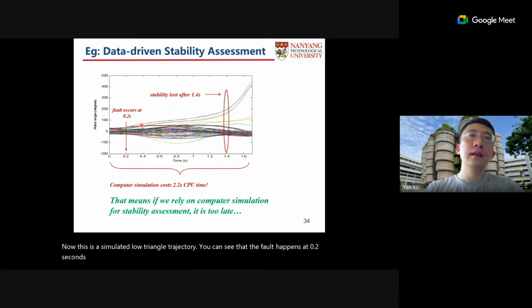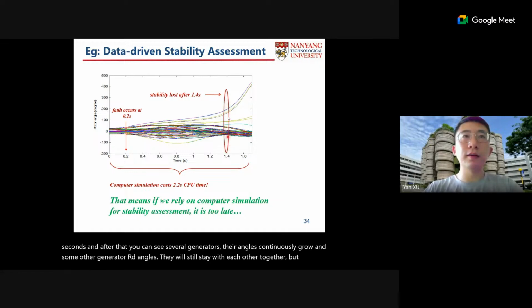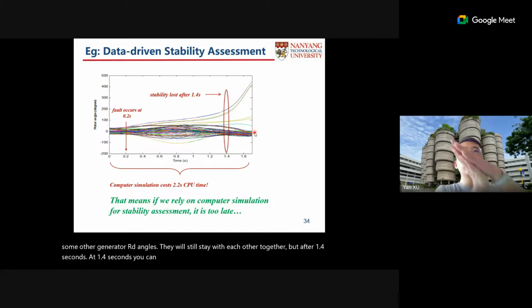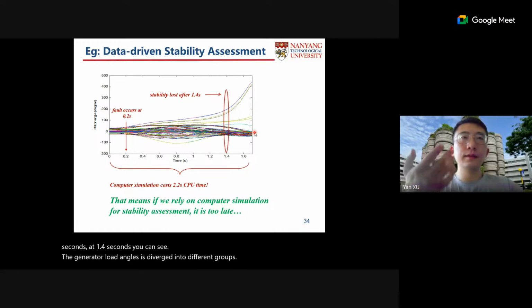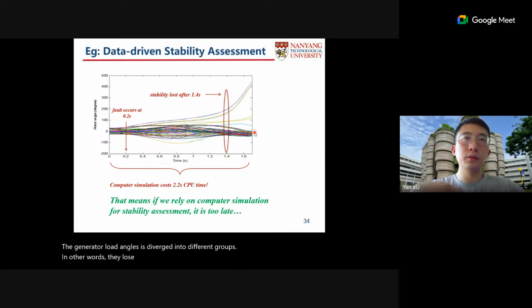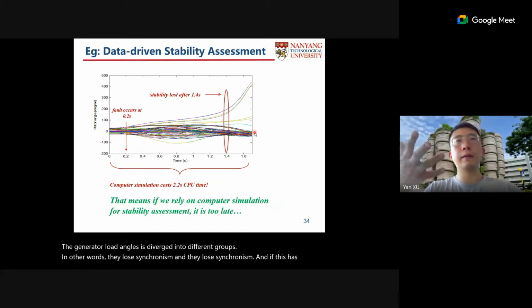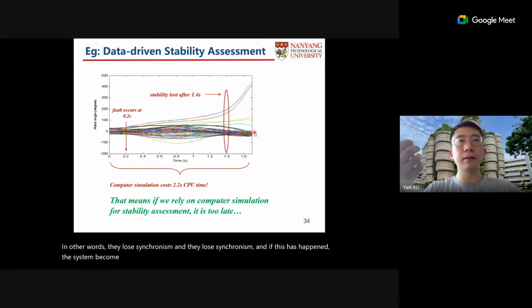After that, several generators' angles continuously grow, and some other generator rotor angles still stay together. But at 1.4 seconds, you can see the generator rotor angles diverge into different groups. In other words, they lose synchronism. And if this happens, the system becomes unstable.